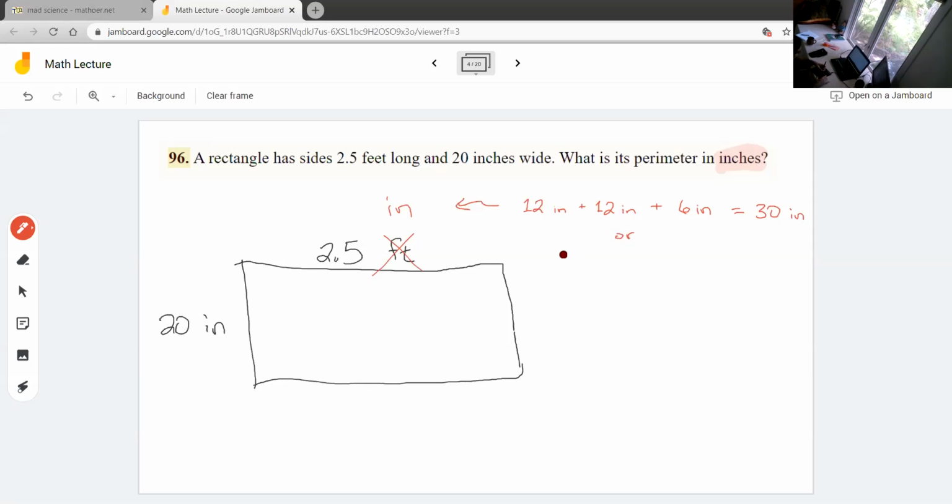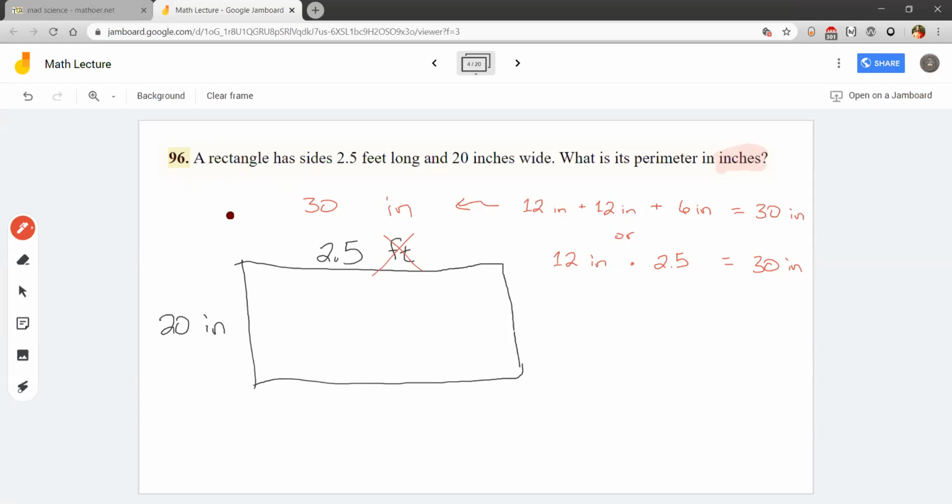Or you could think about it as 12 inches times 2.5. However you do it, it's 30 inches. Everyone okay with changing the feet to the inches? Yeah. Yes.